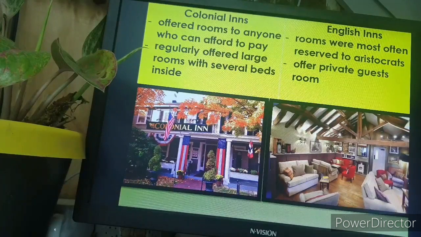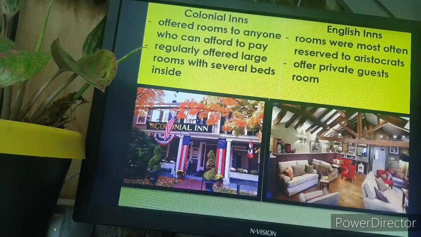or average or deluxe price. Why colonial inns, of course, you expect that it's an open space or public space. You expect there are rooms just like a dormitory type, with bunk beds, a double deck bed.